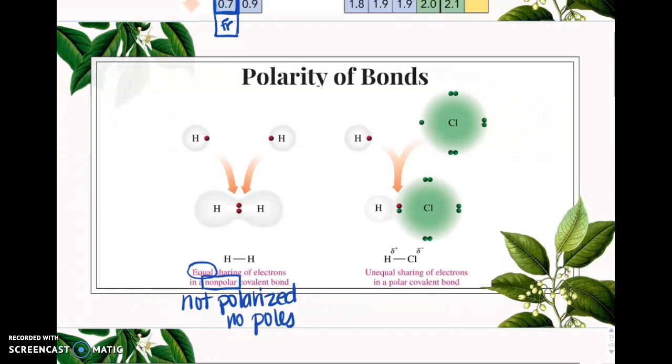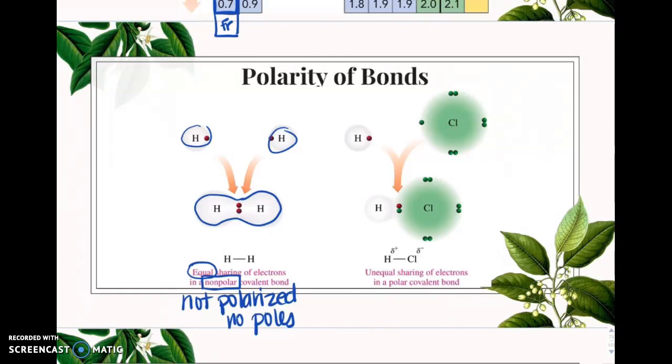So if I have two hydrogens sharing together, they're going to share equally, right? Because you share best with yourself. So if hydrogen's hanging out with another hydrogen, they're going to be sharing very equally. That means that most of the time the electrons are going to be shared in the middle of these hydrogens. Both hydrogens have access to the electron. No one hydrogen is pulling more than the other.